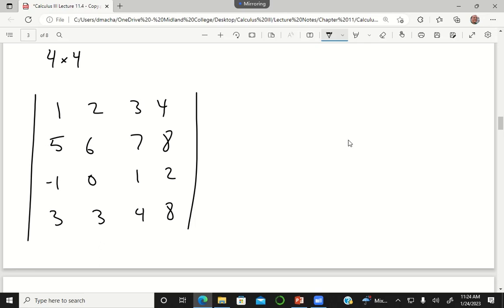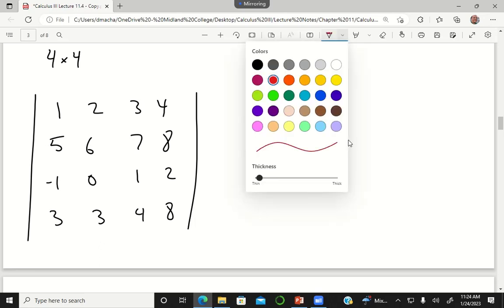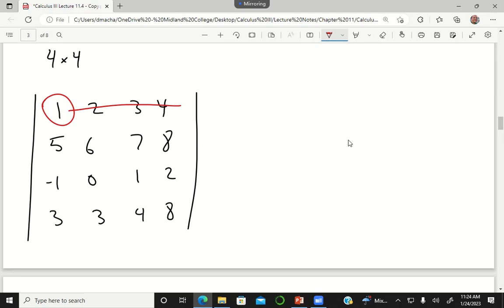What you would do is you would say, let me look at this 1, cover up those, and then I'll multiply by the determinant of that 3 by 3 matrix. And then you would say, let me look at this 2, and then cover up those, and I would take the determinant of that 3 by 3 matrix.